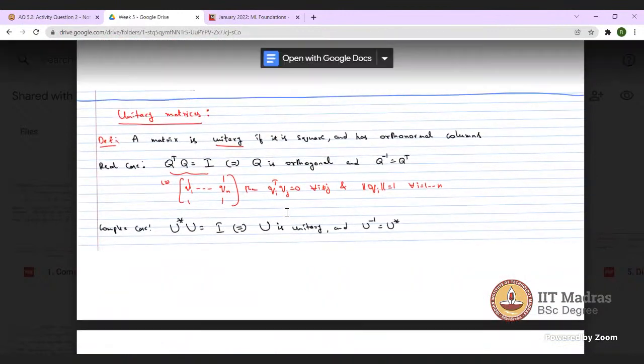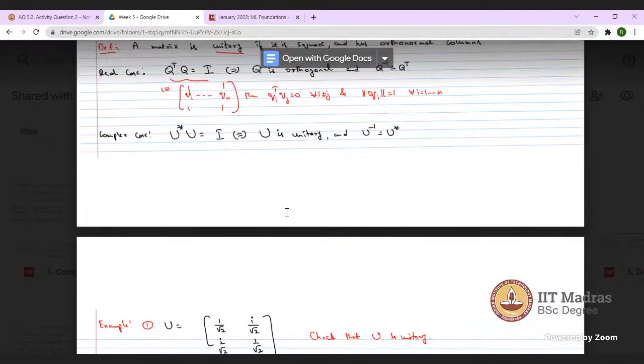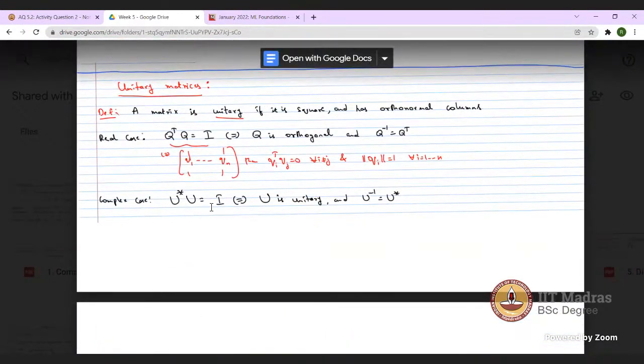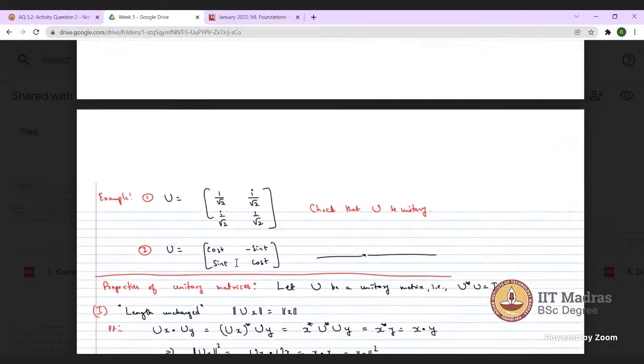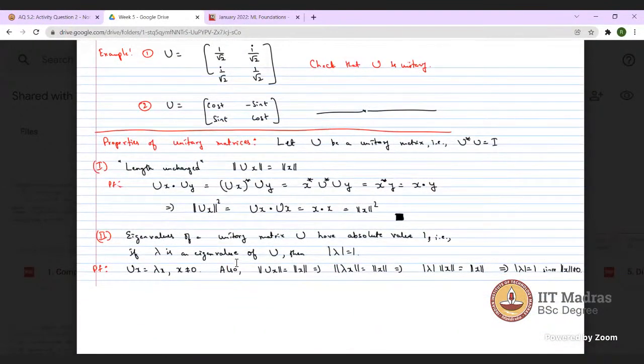So one other thing is, since U star into U equals I, the absolute value of the eigenvalues of a unitary matrix will always be equal to 1.